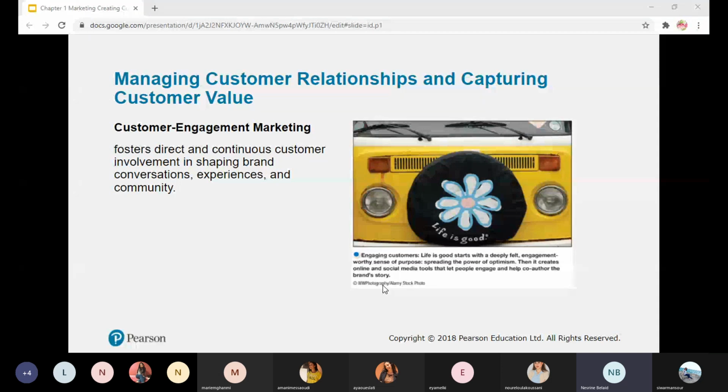Then the frequency marketing programs reward customers who buy frequently or in large amounts, like what Carrefour does with their customers with this carte fidélité. Okay, they reward customers who buy frequently or in large amounts. Also, we can find this card in other brands, like for example Fatale or Kiabi and so on.